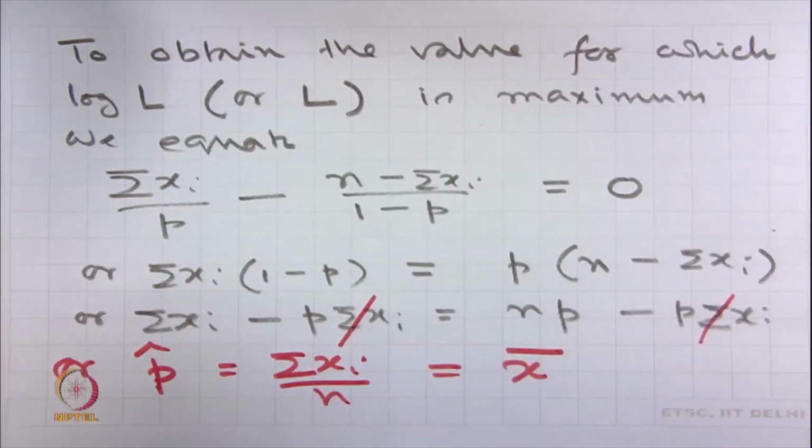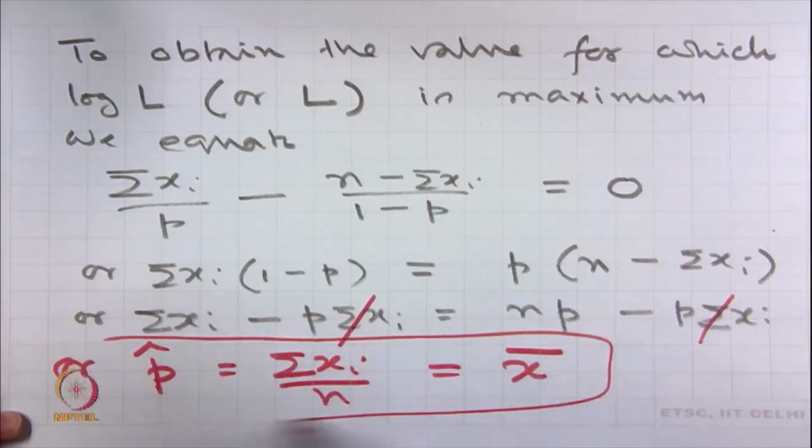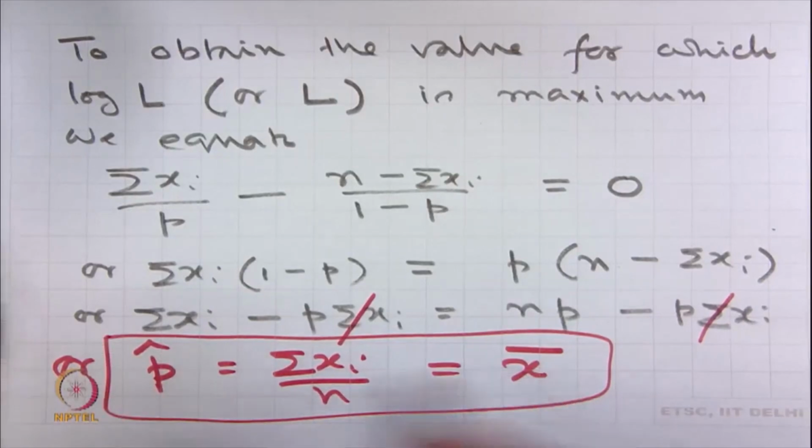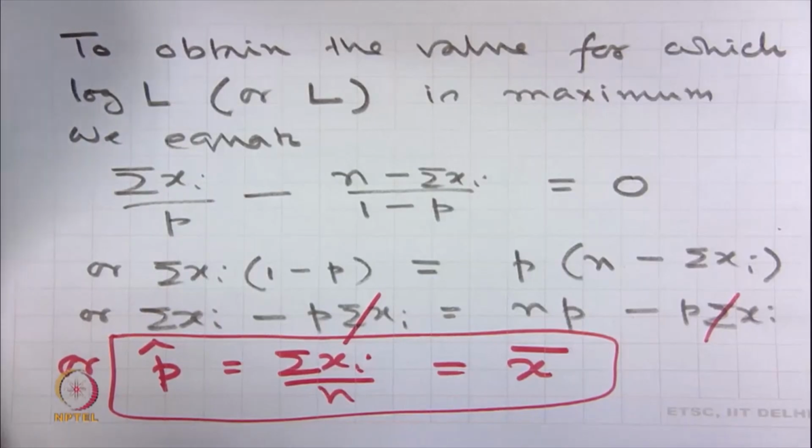Therefore, from here also we find that if we consider p hat to be the sample mean, then we get del log L del p is equal to 0.